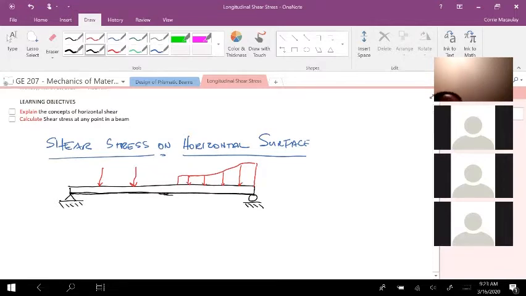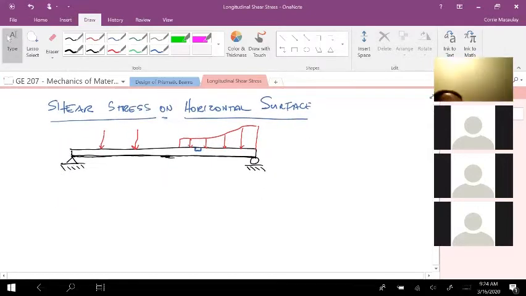There. What I'm actually looking at when I say horizontal surface is a section. I'm going to do it underneath the distributed load. Let's just say we're looking at a section here, that small section.